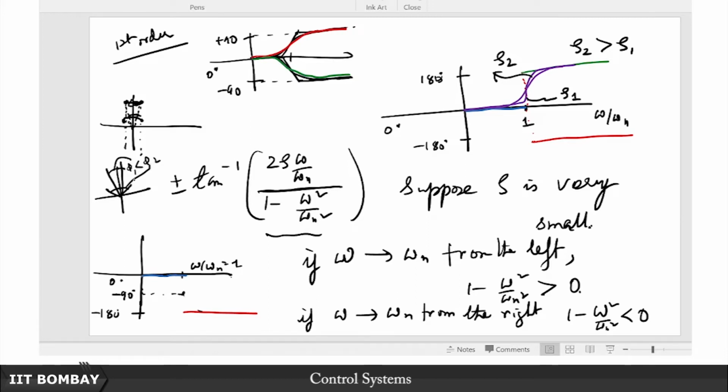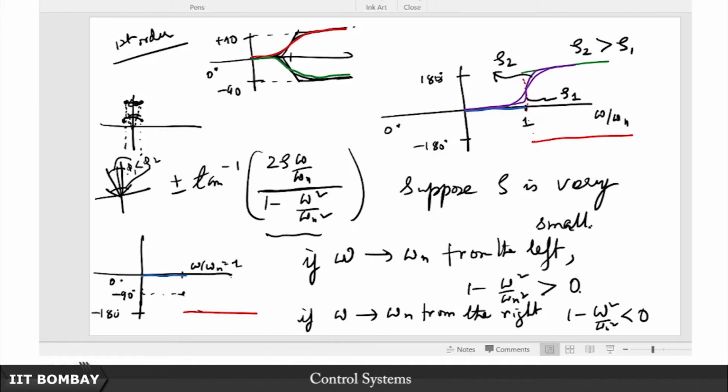So that means as omega transitions from one side of omega n to the other side of omega n, that is from being less than omega n to being greater than omega n, you see that for a higher value of zeta the phase change is lesser.